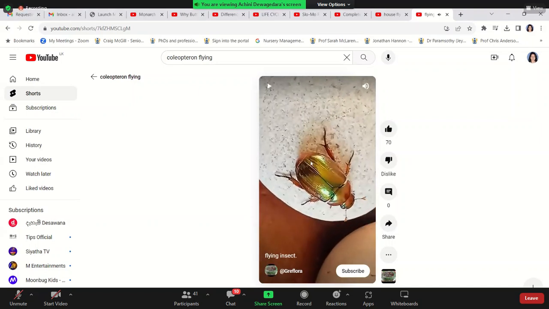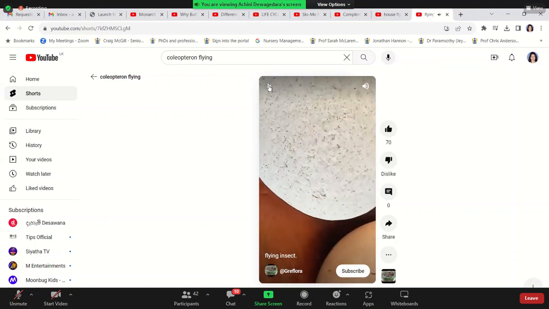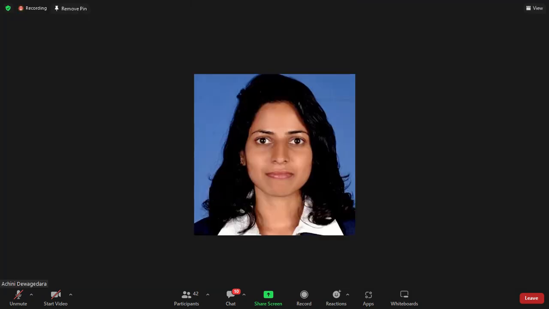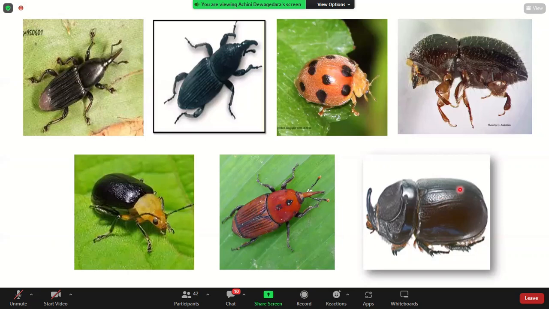Can you see? They have 4 wings. They are very hard, and inside those hard wings, they have the membranous wings that are used for flying. When these insects are resting, they cover their other body parts with these hard wings, which is used for the protection of the insect.